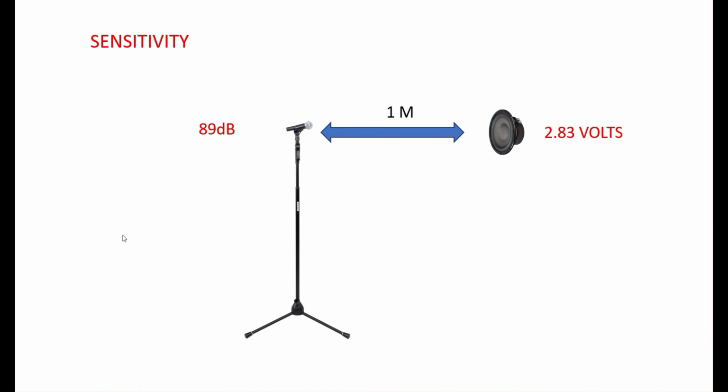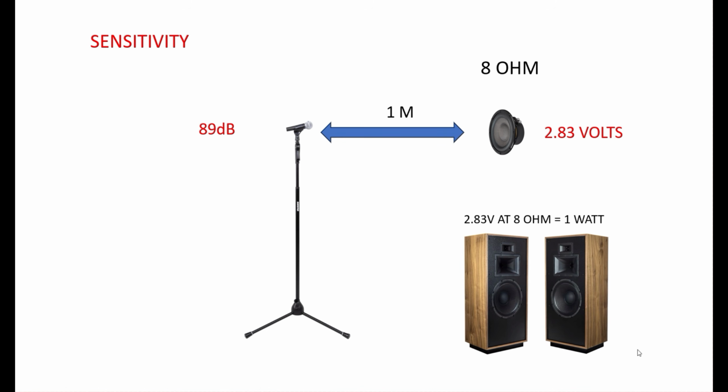Now, one of the things I just want to make you aware of is that some manufacturers list their sensitivity measurements, instead of 1 watt per meter, as 2.83 volts per meter. The reason that they do this goes back to the old days of home audio speakers, right? 2.83 volts into an 8 ohm speaker is 1 watt.